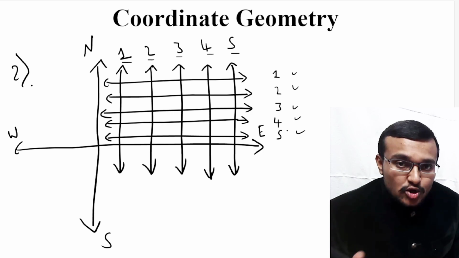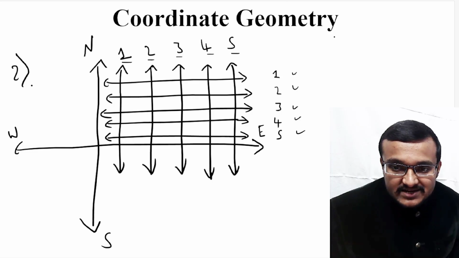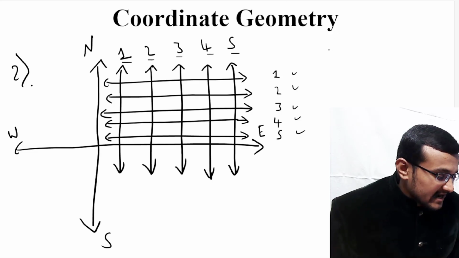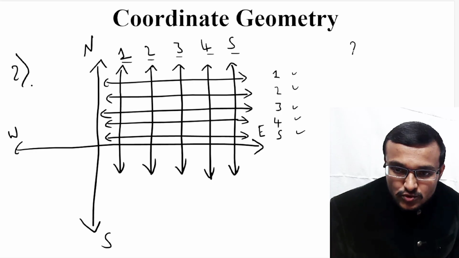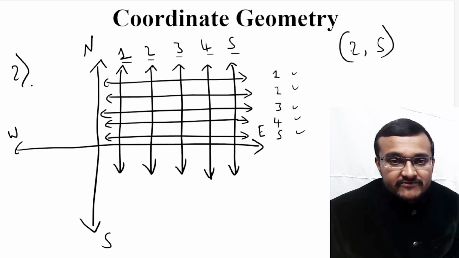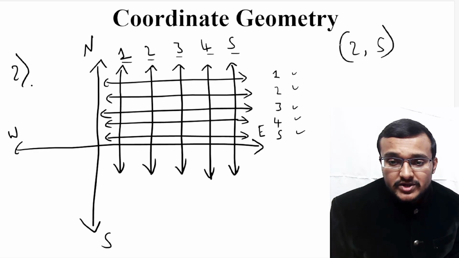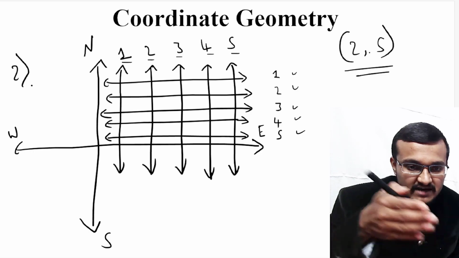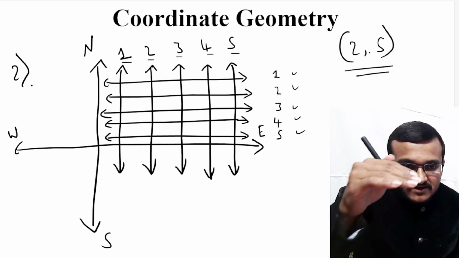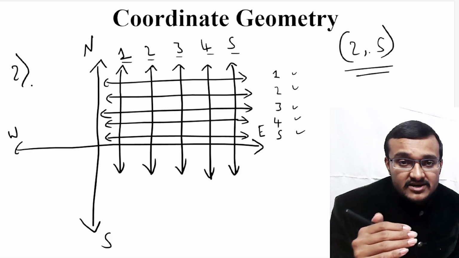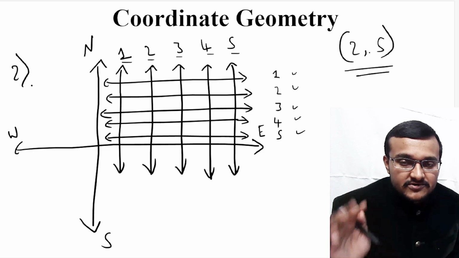If I have to locate a particular position, in this second question, after drawing this image, you have to identify the 2,5 cross street. Now how to locate this 2,5 cross street or crossroad? Because here we have 5 different crossroads parallel to the north south main road, and 5 different crossroads parallel to the west to east main road.